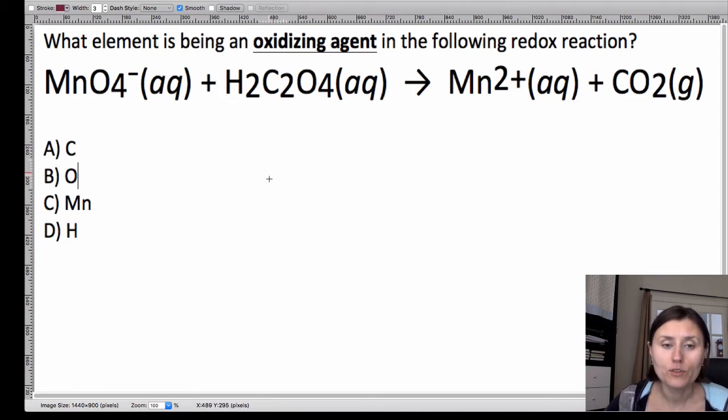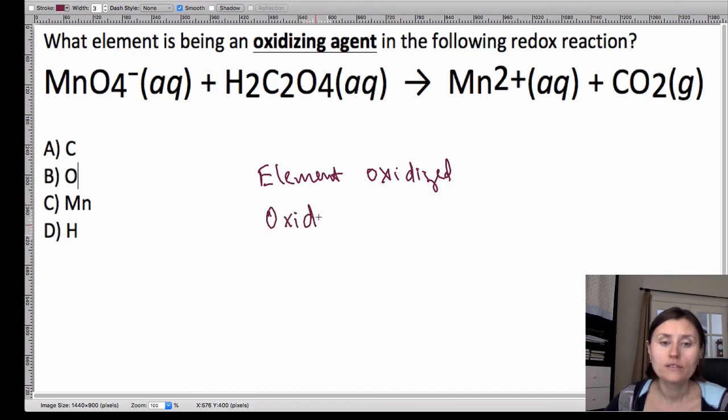So the element that's oxidized and the oxidizing agent, even though they sound very similar, they're not the same.